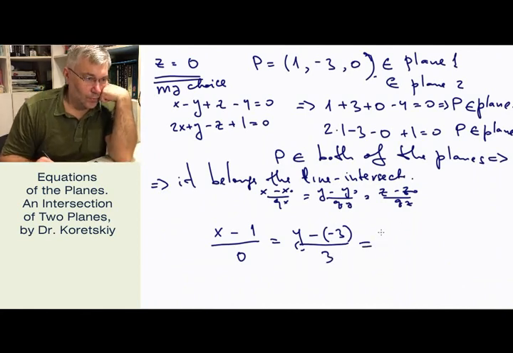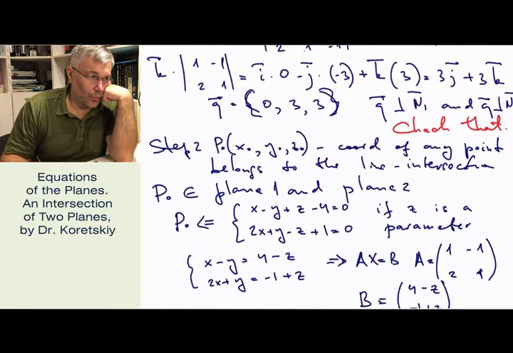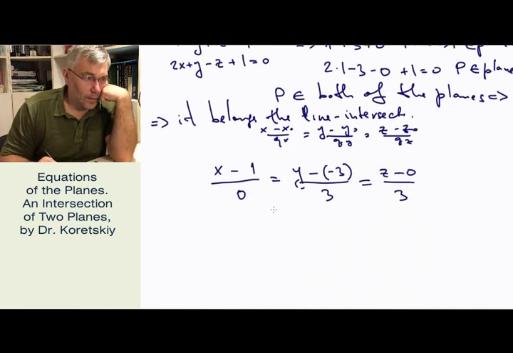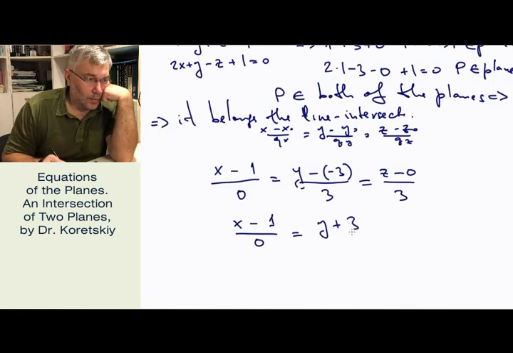I had 0, so z minus 0 over qz equals 3, and I can simplify it a little bit: y plus 3 over 3 equals z over 3.